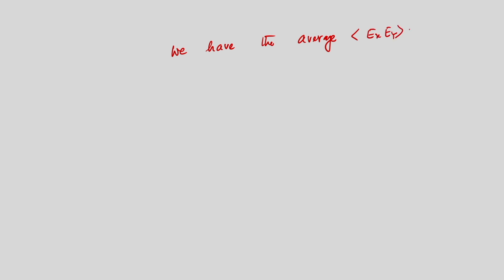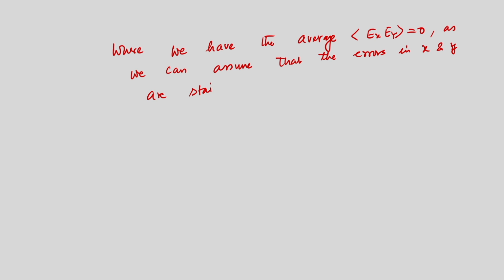And then what we can see from this equation is that we have the average E x E y equal to 0, as we can assume that the errors in x and y are statistically independent.